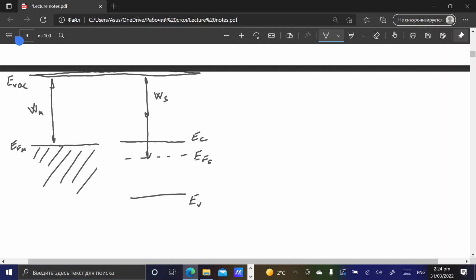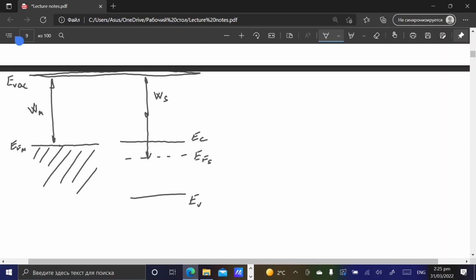Excuse me, when you draw this E vacuum, does it mean it's inside of a vacuum chamber, or what does it mean? It just means that this is an abstract energy level: if a charge carrier is moved to this energy level, it's not bound to the semiconductor or metal anymore, like the bulk of this material.